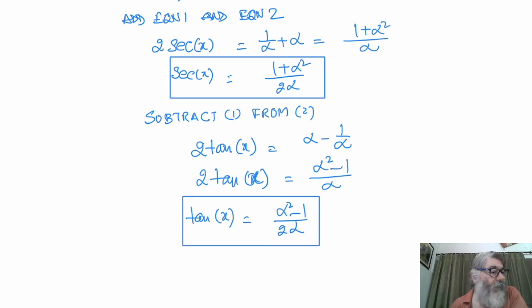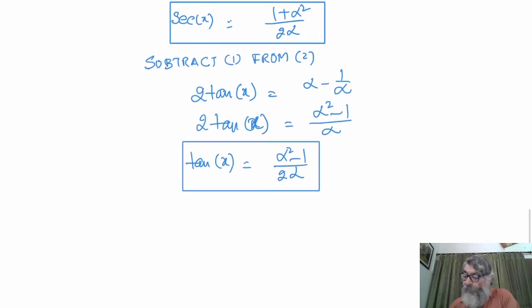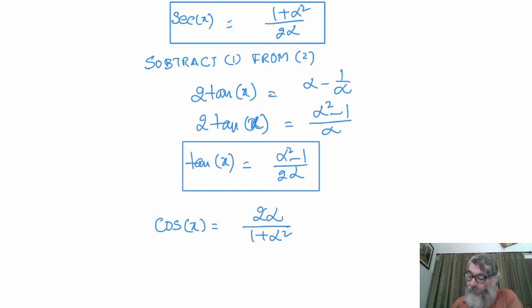He wanted the value of sin x and cos x as well. So it's very simple. Cos x will be just the reverse of sec x. Cos x will be 2 alpha upon 1 plus alpha square. Sec x is that, cos x is just the reverse of that.